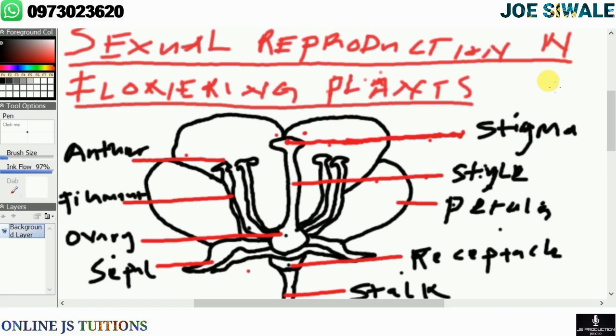The sepals are green in color, or they contain chlorophyll, and this means that photosynthesis can take place through the sepals. Sometimes in other flowers, the sepals can be colored, and this means they will attract insects.